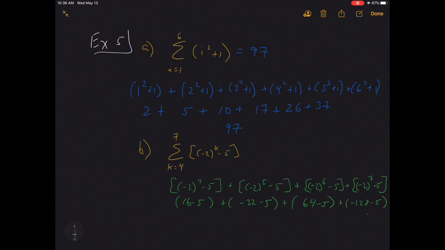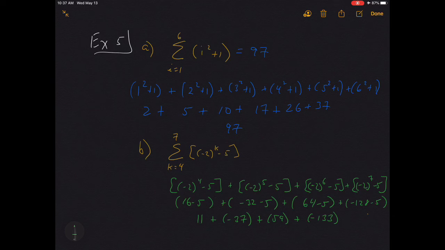And then adding all these values up, let's see, we can add up the insides pretty easily. That's 11. That's negative 37. 64 minus 5 is 59. And negative 128 minus 5 is negative 133.